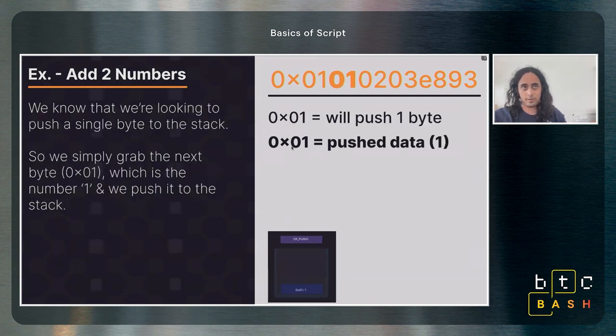And then the second slide, the data that we're pushing, which is again, the number 1. After we push the number 1, we can infer that the next byte is either going to be an opcode that operates on what's in the stack, or an opcode that defines the length of the next item we're going to push to the stack.